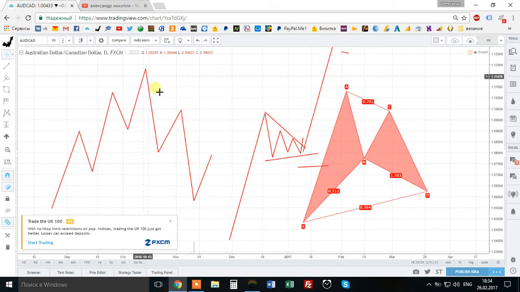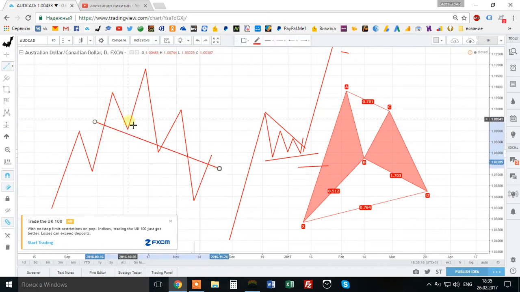If you know this, it doesn't really matter what method of trading you are using, either pennants or advanced pattern formations or harmonic trading or Elliott wave calculations or simply support resistance, or maybe those, what are these? Head and shoulders patterns. It doesn't really matter. You should know the basics first.